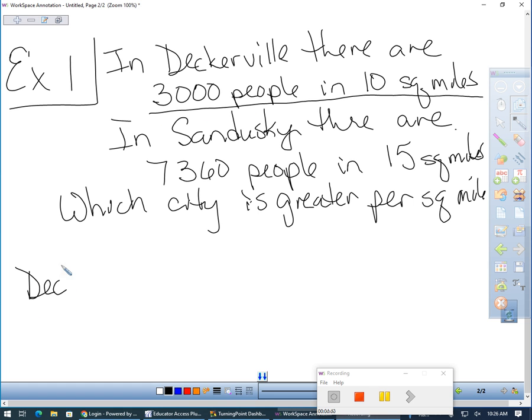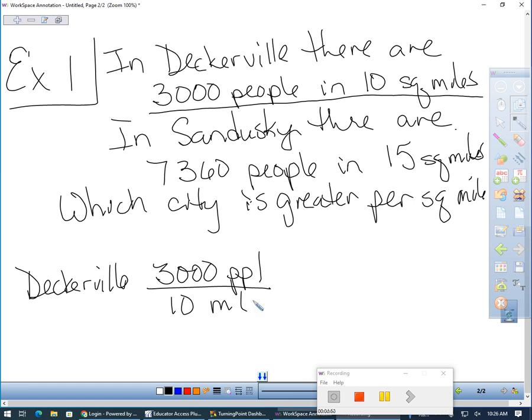So we have Deckerville is 3,000 people divided by 10 miles. If we divide that, we're going to end up with a unit rate, which will be 300 people in each square mile. Does everybody agree?